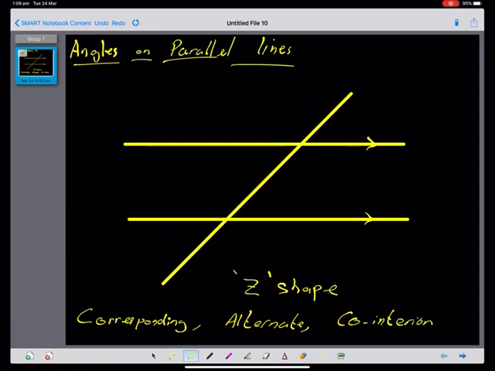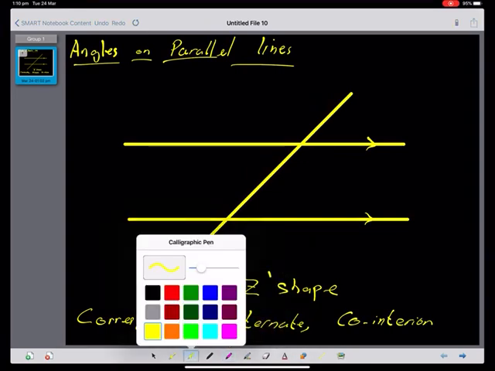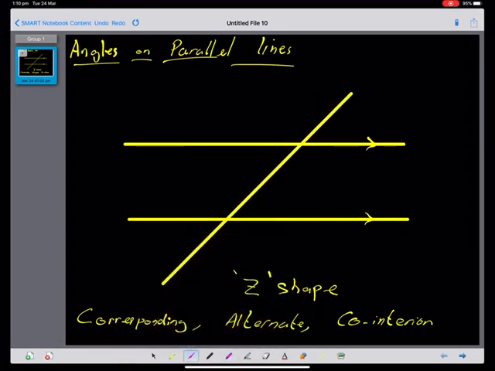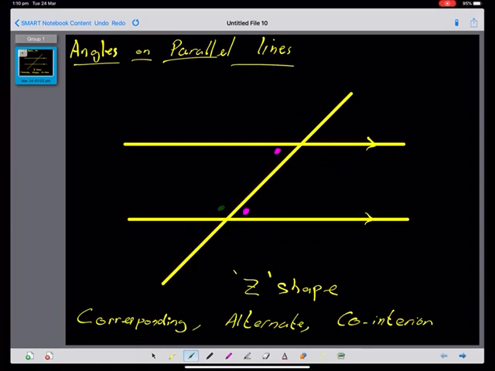Alternate angles are congruent. That is to say, they are mathematically identical. They're equal. So with alternate angles, we say that this angle here is equal to this angle here, and this angle here is equal to this angle here.